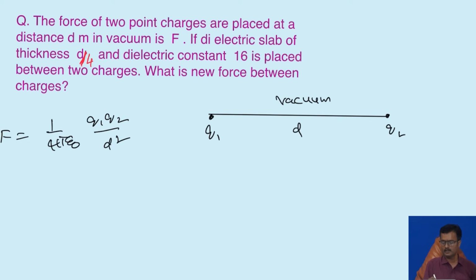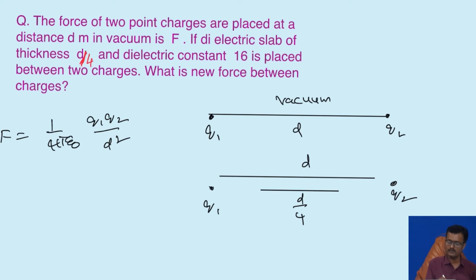Look here, next condition: Q1 Q2, a dielectric is placed between the two charges for a distance d by 4. So this is d by 4. What is the total distance? That is d.